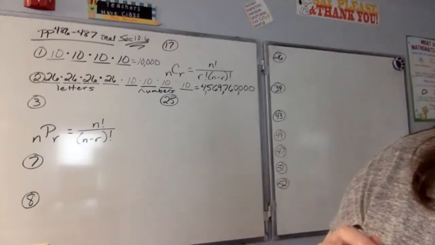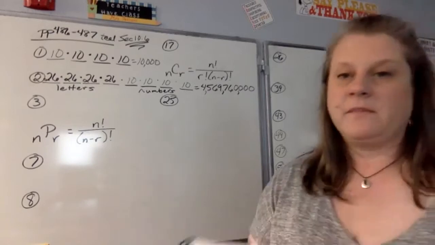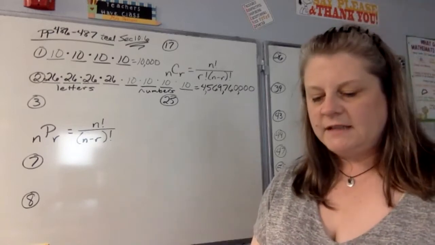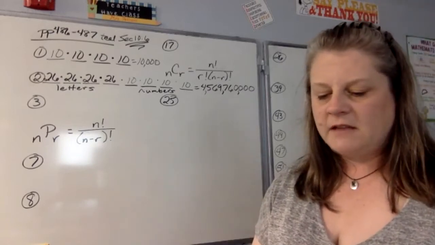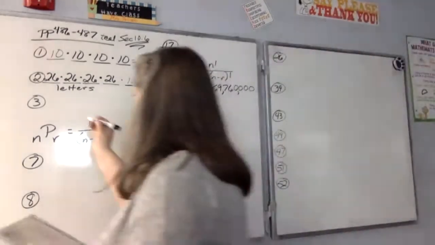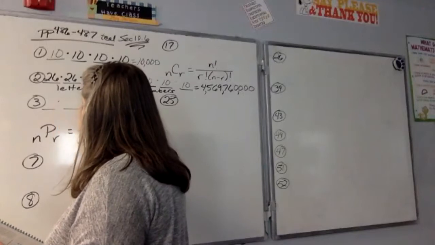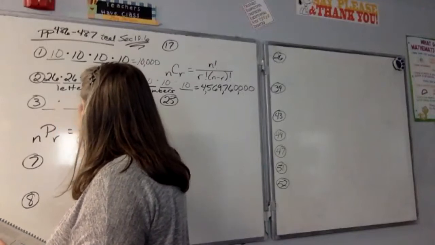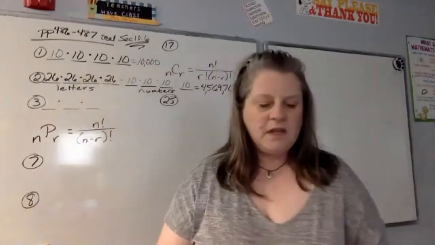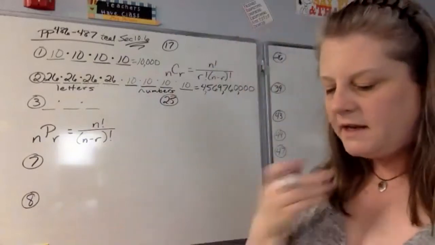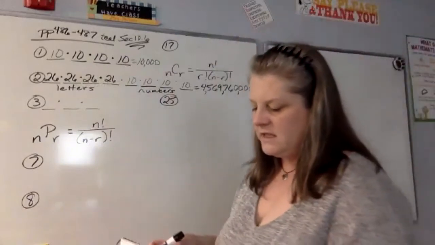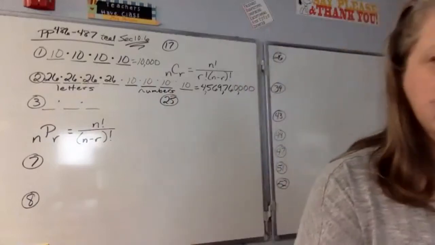Okay, last one of this type, number 3. Number 3 says the lock on a particular briefcase uses 3 numbers. So I got my 3 numbers. You'll notice as I'm reading it, I'll put it down so I kind of get an idea of what I'm doing. Assuming that the numbers can be repeated, how many different 3-digit numbers can be created for the briefcase?